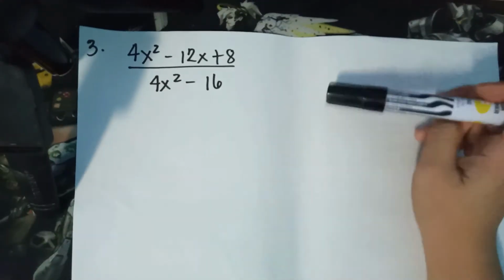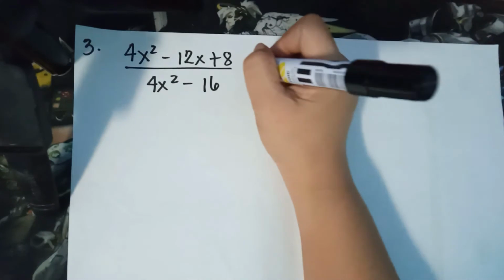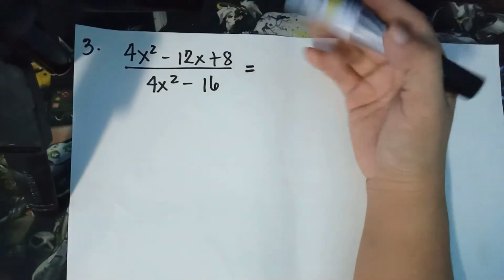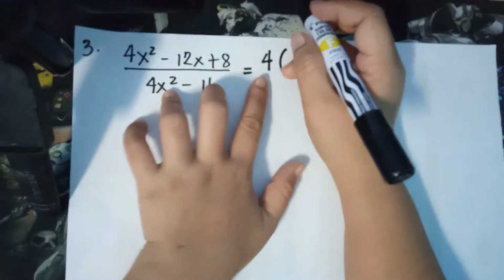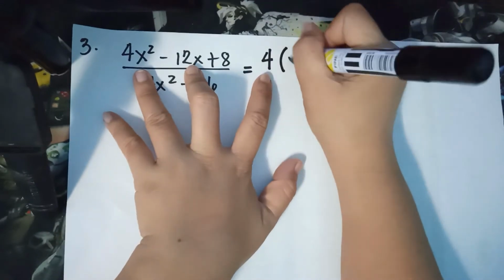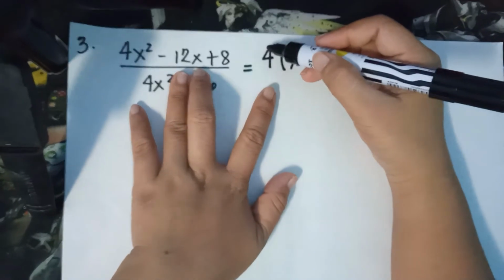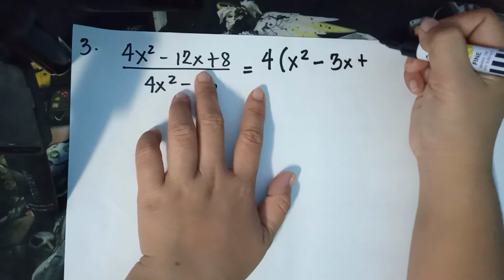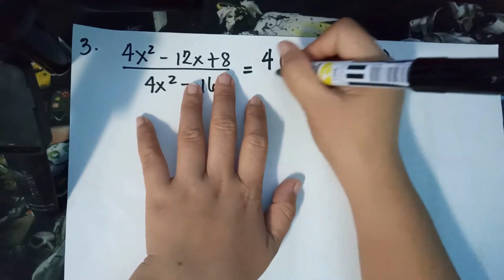Number 3. 4x squared minus 12x plus 8 over 4x squared minus 16. As we can see, there is a common factor between 4, 12, and 8, which is 4. Next, 4x squared divided by 4 is x squared, minus 12x divided by 4 is 3x, plus 8 divided by 4, that is 2.